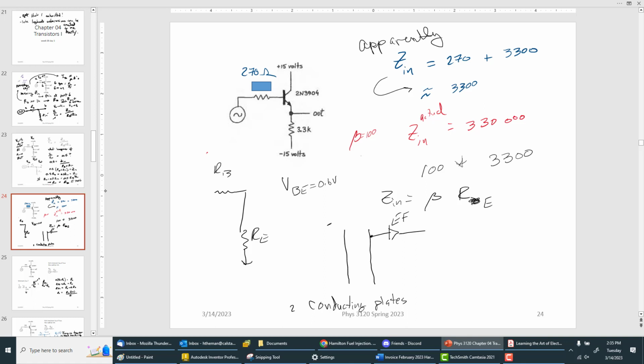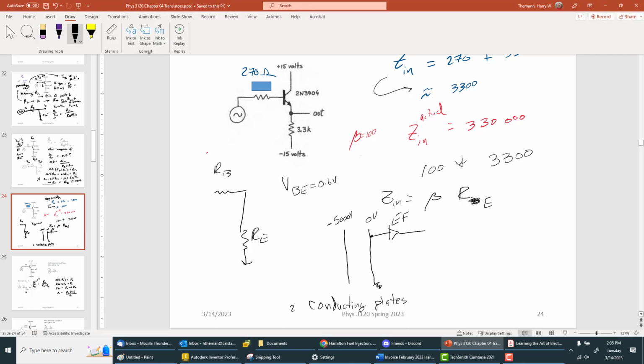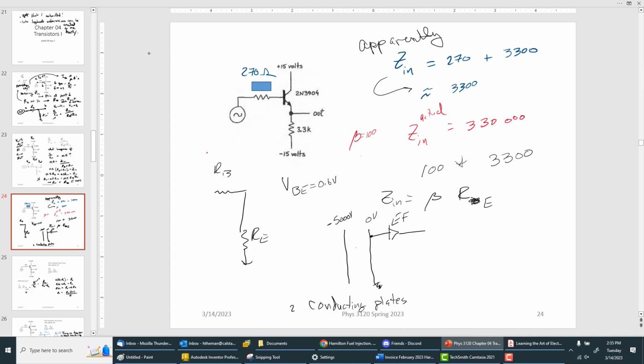Here I have negative 5,000 volts, and this end is at 0 volts. It's a 5,000 volt potential difference. Then I have inside here, let's say one thing I work with, liquid argon in here.